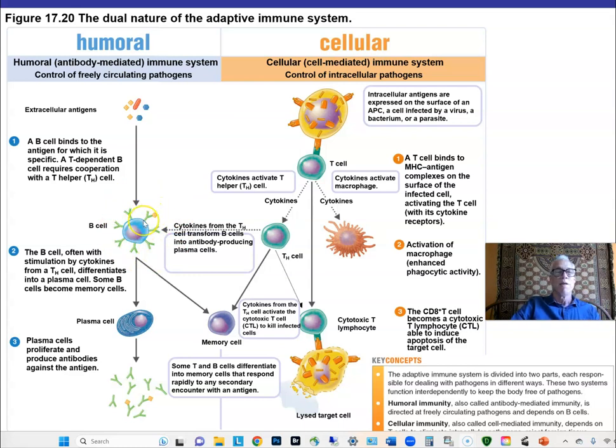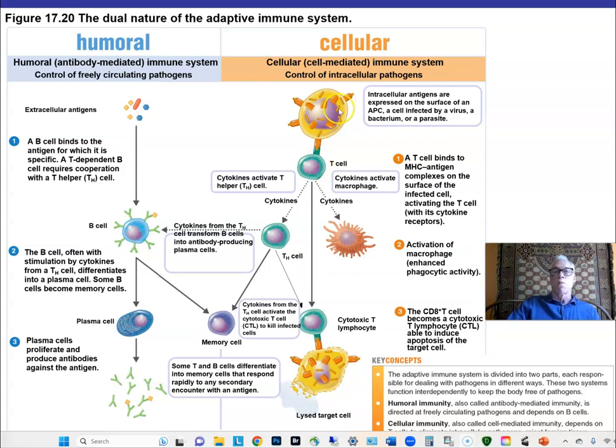Once that happens, the B cell gets activated, and it will multiply into a large clone, a population of identical cells, just like when you had a clone of bacteria. A clone of B cells, some of which will mature into plasma cells, effector cells they're sometimes called, which can produce antibodies, and antibodies can go in the blood, the circulation, and body fluids, and stick to the antigens, and the phagocytes, once that happens, will gobble them up.